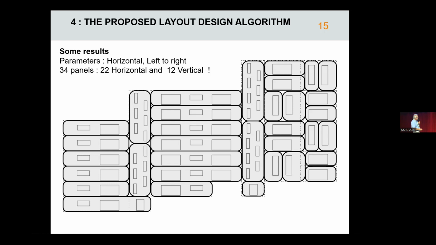And here, it doesn't succeed to make a horizontal one, so as there is no solution, it changes to a vertical one. It places the vertical one, then a horizontal one again, and a horizontal one again. Basically we have 22 horizontal panels and 12 verticals. I didn't show the supports, but there are supports everywhere for the panels.